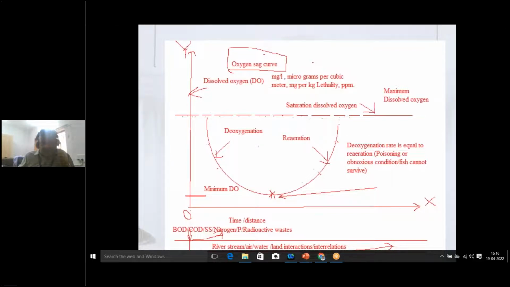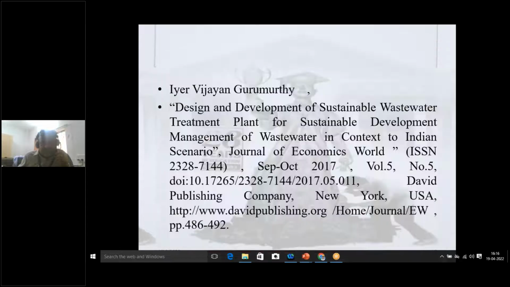The deoxygenation and reaeration have to be properly balanced, and in most of the groundwater pollution, the nitrogen and phosphorus is not treated in most of the sewage treatment plants, and this has effects on global warming as well as water pollution and land pollution.